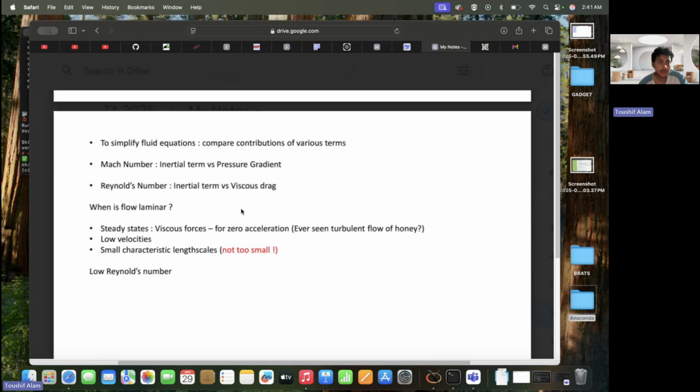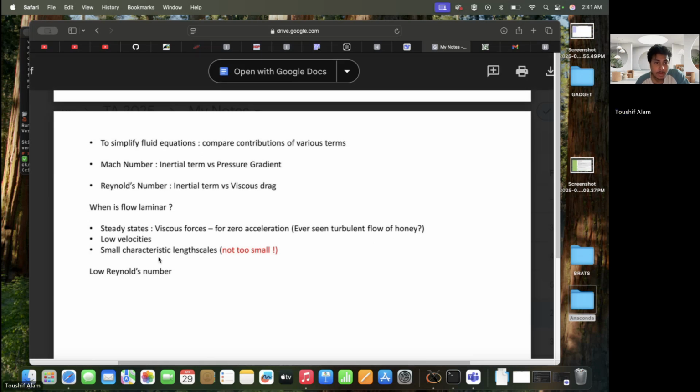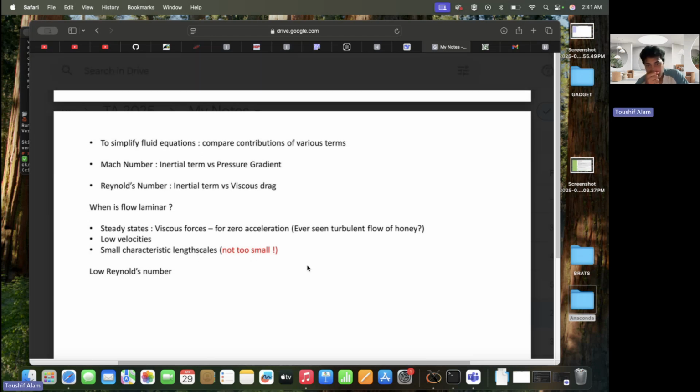Okay, so when is flow laminar? When will the flow be laminar? Steady state, viscous force dominates, zero acceleration, as seen in the flow of honey: low velocity, small characteristic length scales, but it shouldn't be too small, otherwise it can't be considered a fluid.